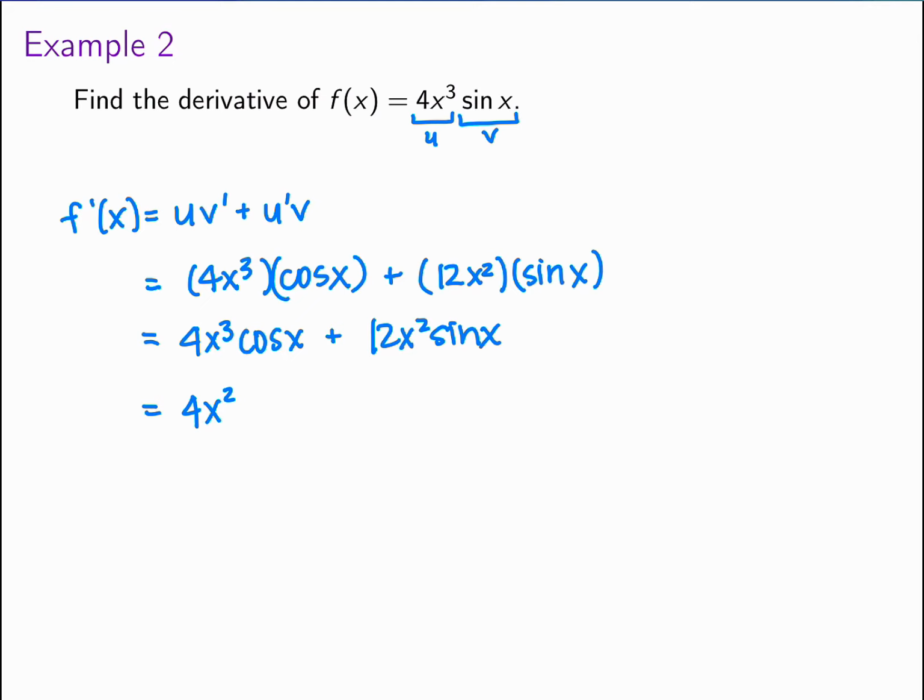I see 4x squared is common to both terms, and I'd be left with x cosine x in the first term plus 3 sine x in the second term if I factor out the common multiples there. All right, either of these is acceptable.